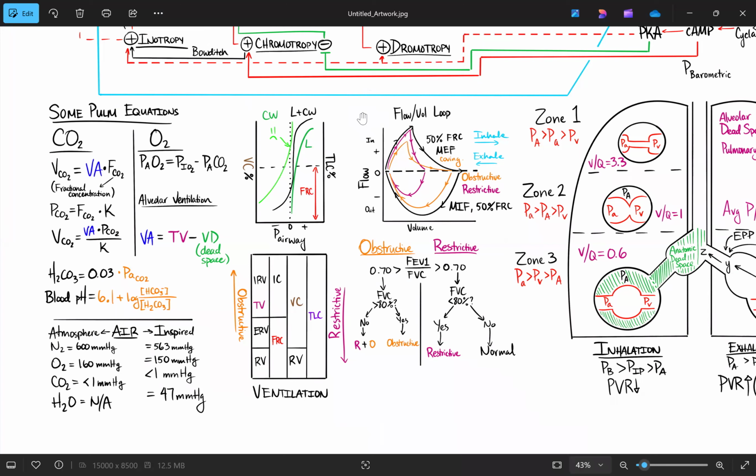Your chest wall, you want to stay negative because it'll pull on your lungs and allow you to inhale, versus the lungs themselves, they want to contract. That's why they're going to have a positive pressure on the airway, because they want to squeeze down, but the chest wall's not letting them.